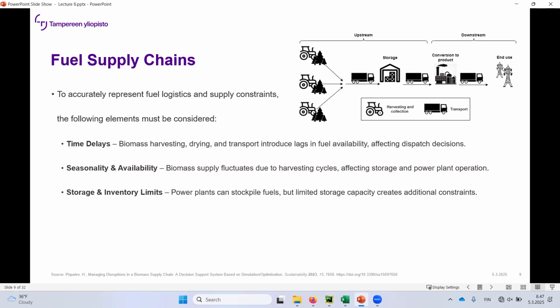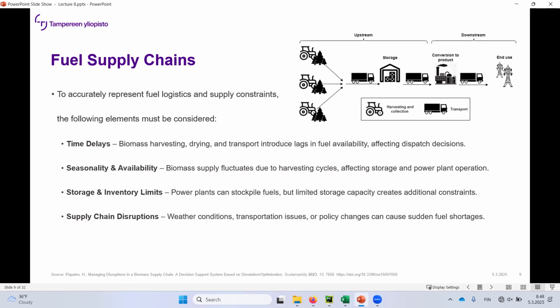So there's going to be a silo in there, and the wood chips are dumped into the silo, and there's going to be a screw feeder that inserts the fuel from the silo to the boiler, to the grate. So it's an automated system, but it has to be replenished depending on the storage size and the consumption.